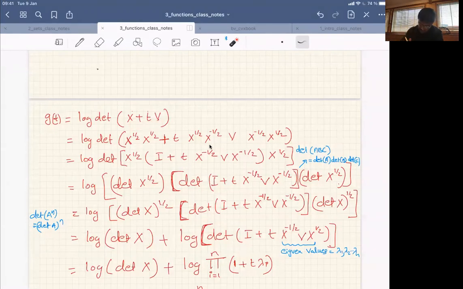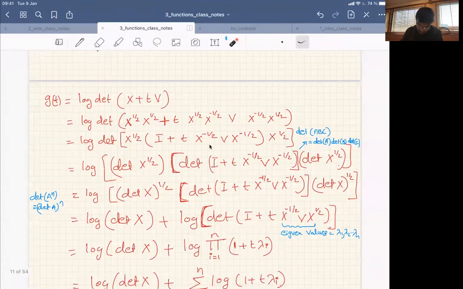Now just some mathematical steps. Instead of x, I am writing this as root x into root x, x raised to half into x raised to half plus t. Here I am introducing a new quantity, x half into x raised to minus half. This will be I, identity matrix. Here also I'm doing this.